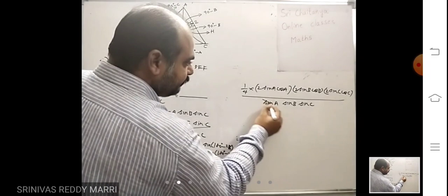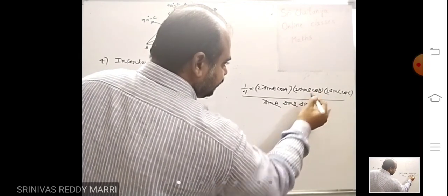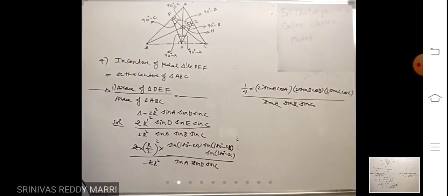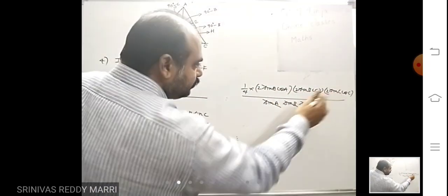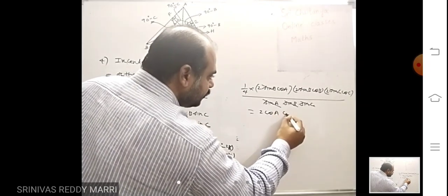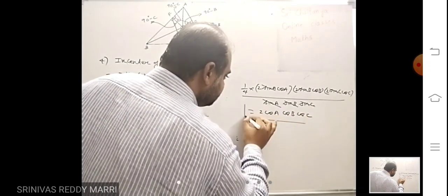So sin A will get cancelled, sin B will get cancelled, sin C will get cancelled. So what you are getting is 2 into 2 into 2, 8. That means this is nothing but 2 cos A cos B cos C.